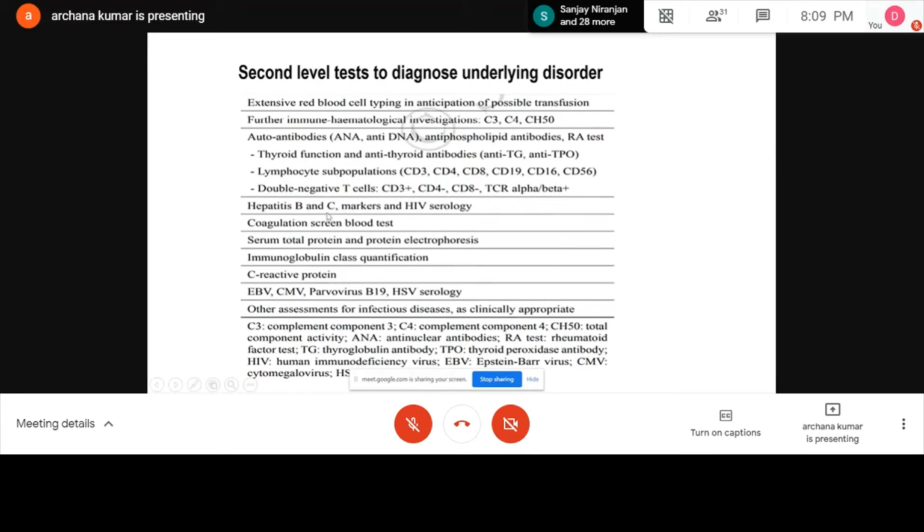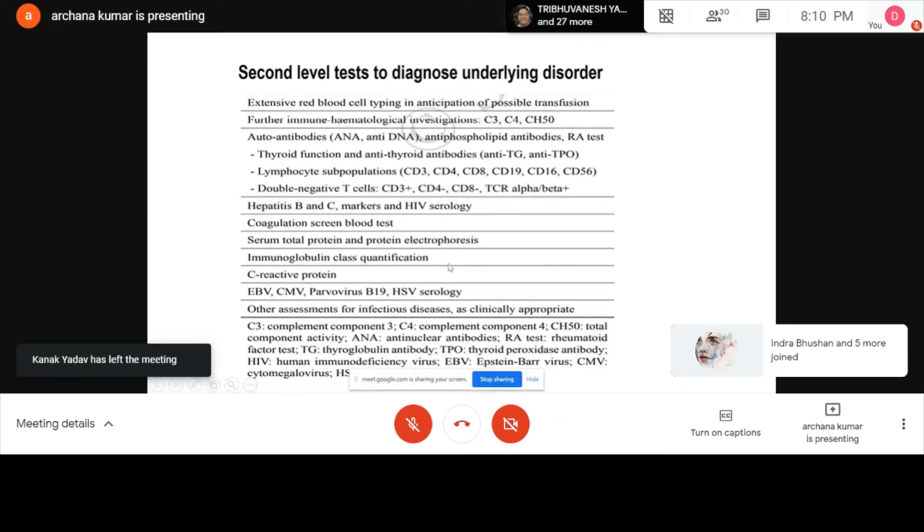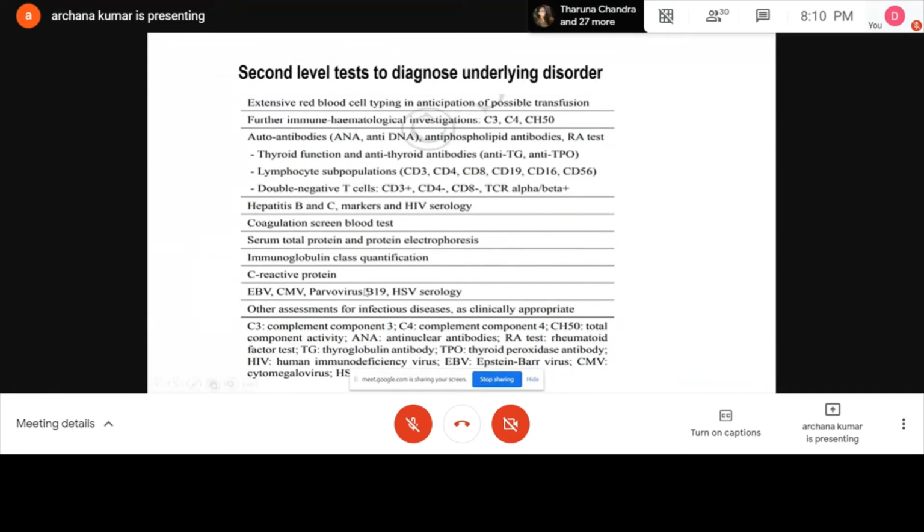Then hepatitis B and C markers and HIV serology, a coagulation screen, and total serum protein and protein electrophoresis. There is obviously immunoglobulin class quantification like IgA, IgM, and IgG, C-reactive protein, and if we are suspecting infections, EBV, CMV, parvovirus B19, and HSV serology. Other assessments will depend upon what kind of secondary disorder we are suspecting.